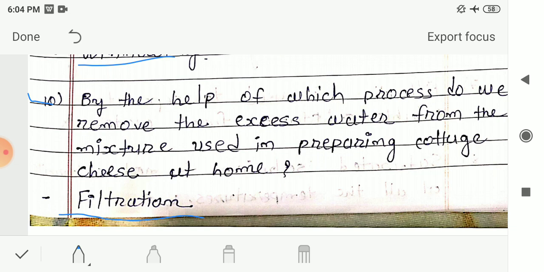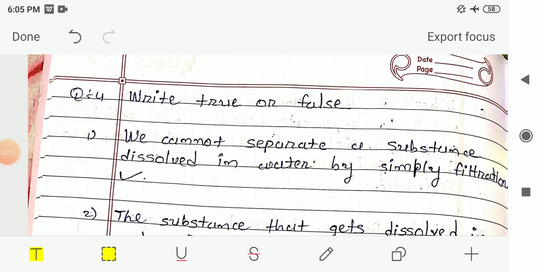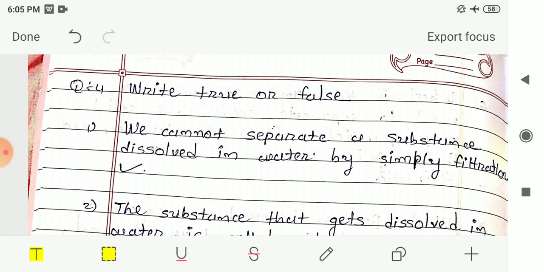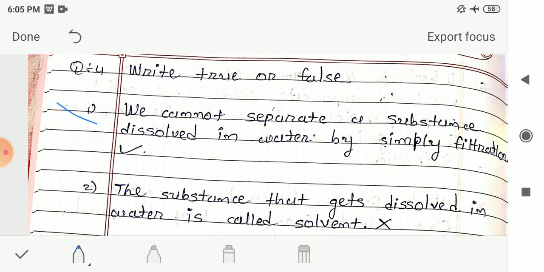Now the next question, that is question 4, is write true or false. In that, the first one: we cannot separate a substance dissolved in water by simply filtration. So your answer is true.